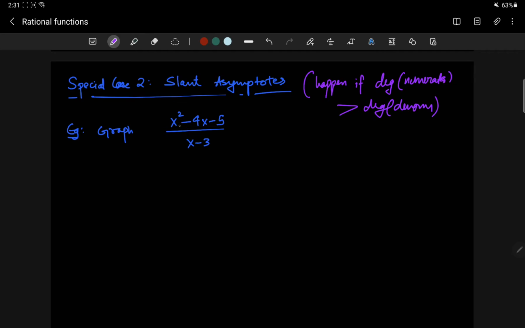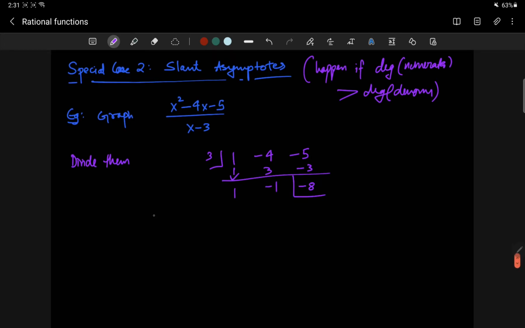Because this is in this form, what we are going to do is first divide them. To divide them, because of the way these are, I'm going to choose to use synthetic division, which will give me 3, -1, -3, -8.